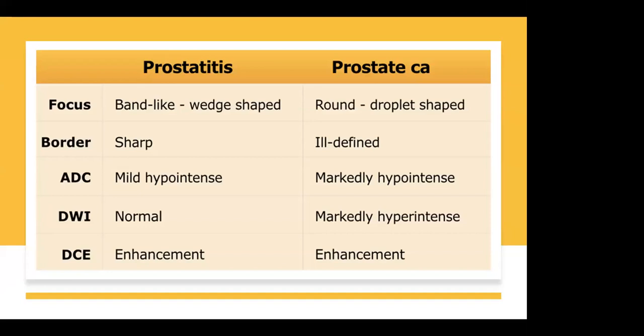On ADC, the cancer is markedly hypointense, meaning a blacker shade, whereas in prostatitis it is hypointense but much less so. DWI is usually normal in prostatitis, versus cancer, where it will be hyperintense or very bright. Dynamic enhancement is seen in both.